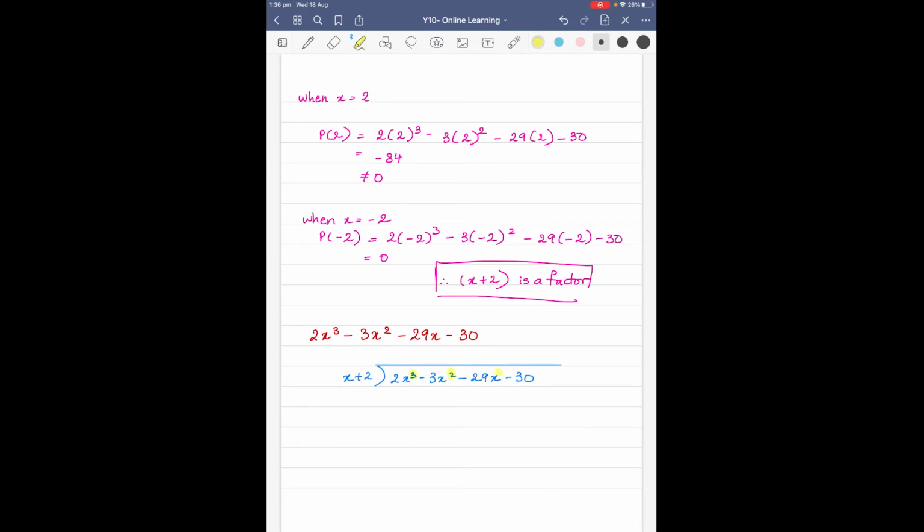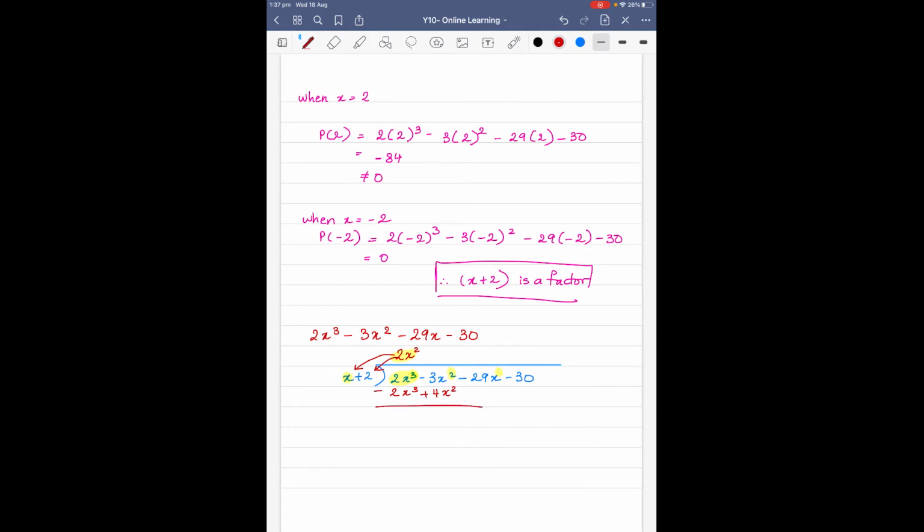So 3, 2, 1, they are there and in descending order. Let's get started. Something times x has to give you 2x cubed. So 2x squared times x gives you 2x cubed. 2x squared times 2 gives you positive 4x squared.